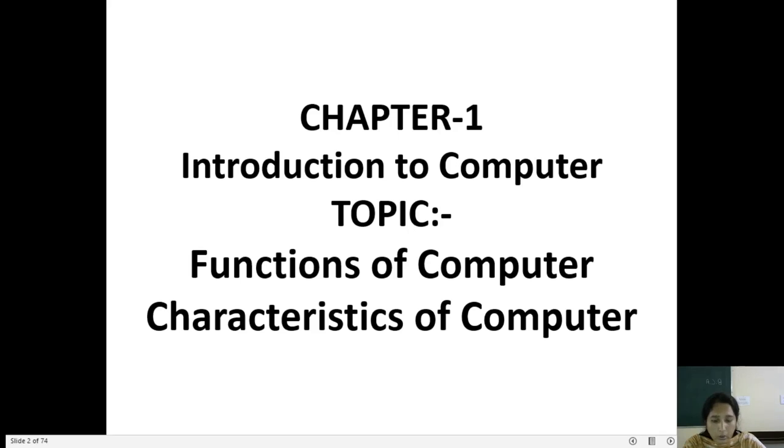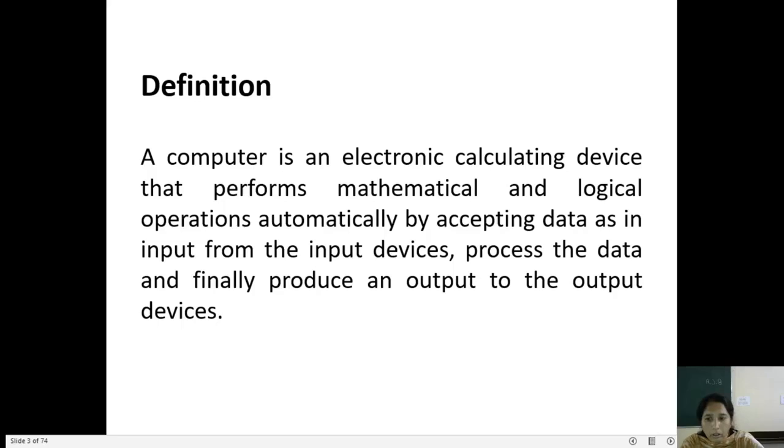This is what just now I told you. So let's understand the definition of a computer. What is a computer? You know very well, computer is an electronic device which accepts data, processes data and displays the result. This is the basic general definition for the computer.